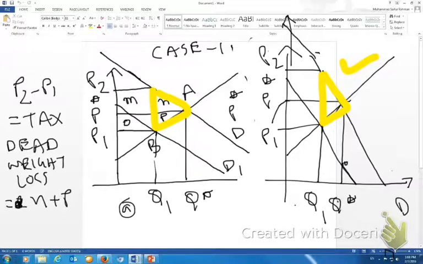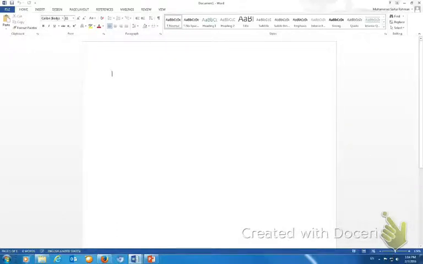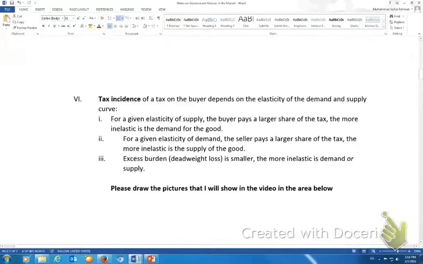And this is exactly what we wanted to find when we looked at the first argument, where you can verify that for a given elasticity of the supply curve, the buyer pays a larger share of the tax, the more inelastic is the demand for that good.